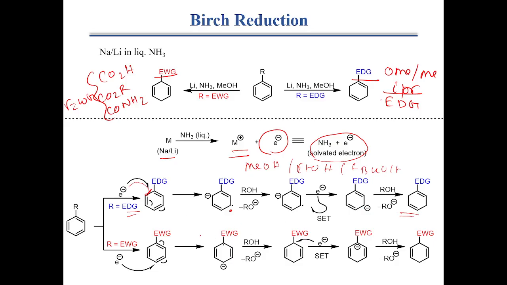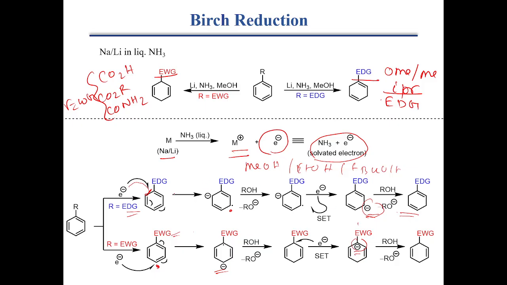Whereas in the presence of an electron withdrawing group, the attack happens through the para position. So the single electron transfer through the para position gives this anion, and with a further single electron process gives this anion. So why is the electron donating group giving this anion and the electron withdrawing group giving this anion? We can explain it.